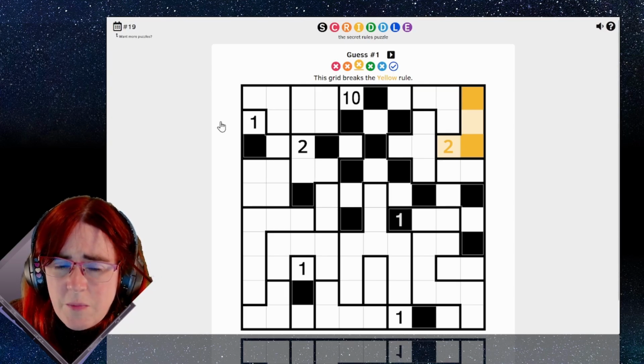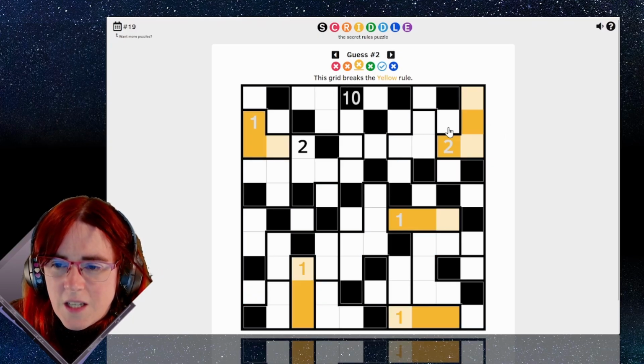So it was absolutely happy with all... It's baffling that we get that for both of these configurations of 2 in here.